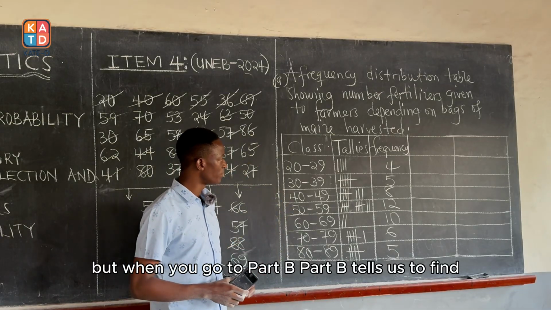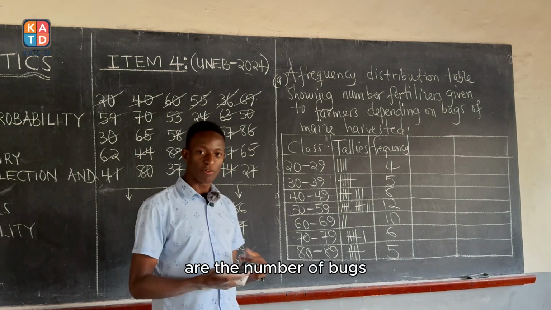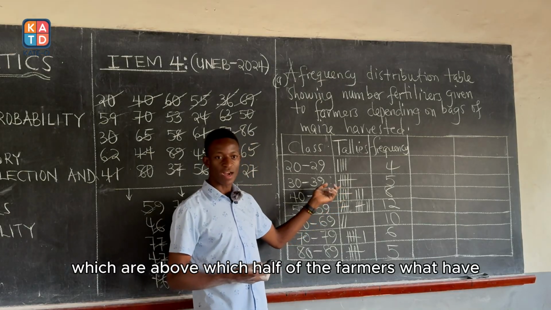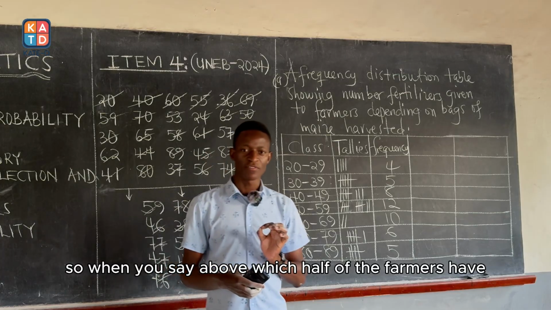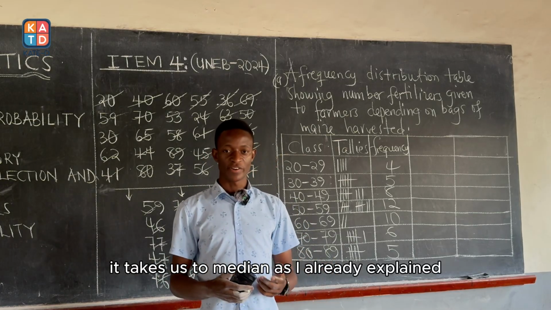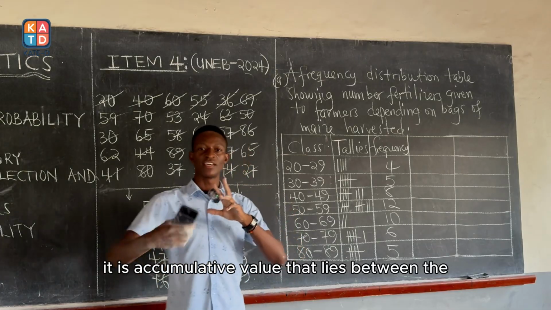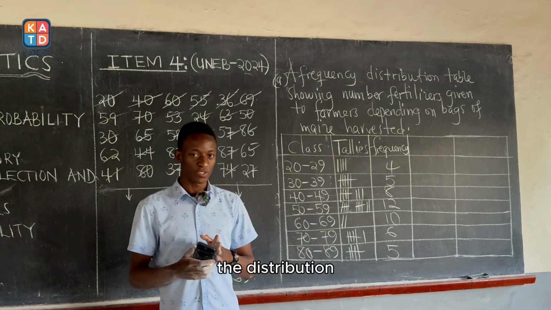But when we go to part B, it tells us to find the number of bags above which half of the farmers have. So when you say above which half of the farmers have, it takes us to median, as I already explained. So median depends on 2 things. It is a cumulative value that lies between the distribution.